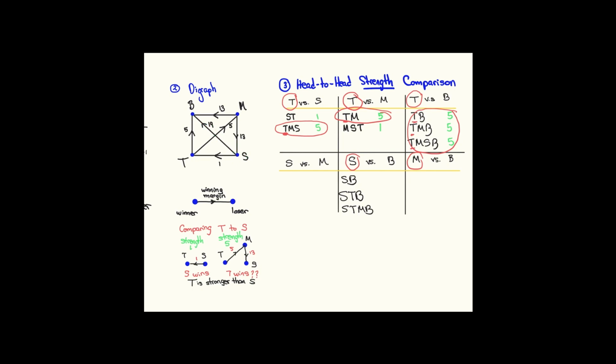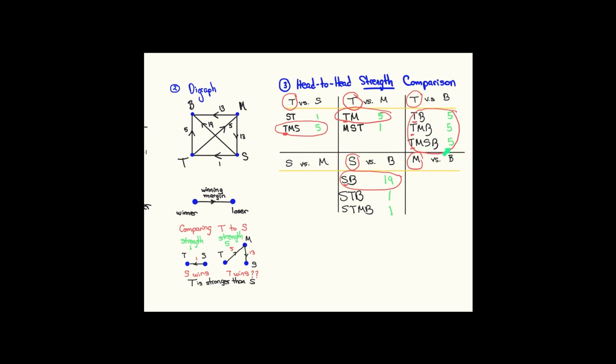S to B is 19. STB, the numbers involved are 1 and 5. The smallest is 1. And STMB, that's 1, 5, and 13. The smallest of the numbers is 1. So the strongest path is SB. It starts at S, so S is the strongest candidate.